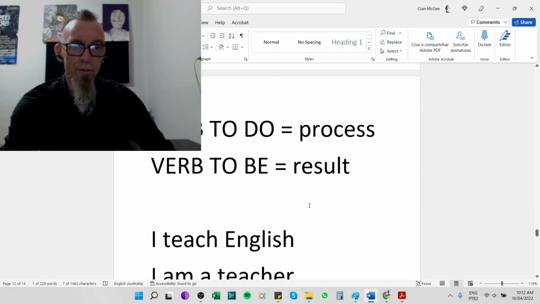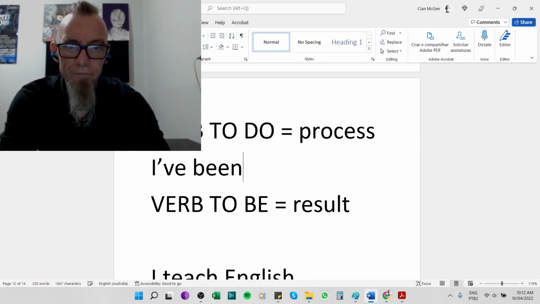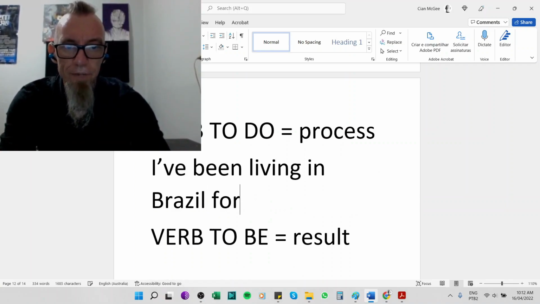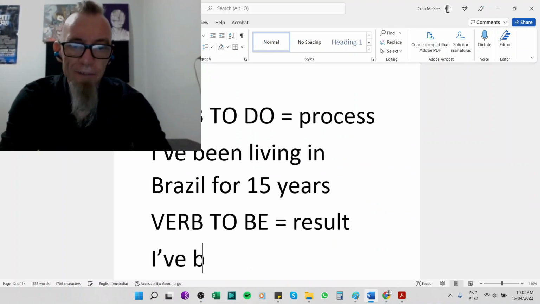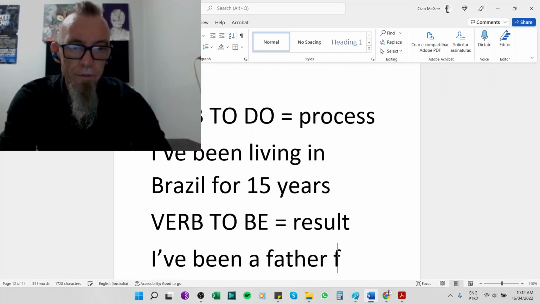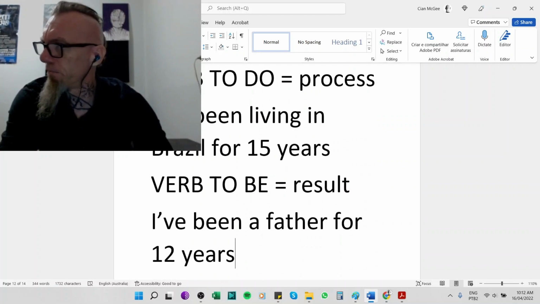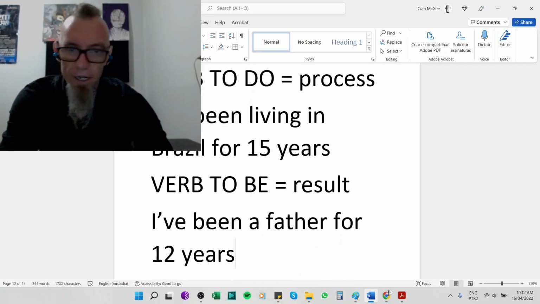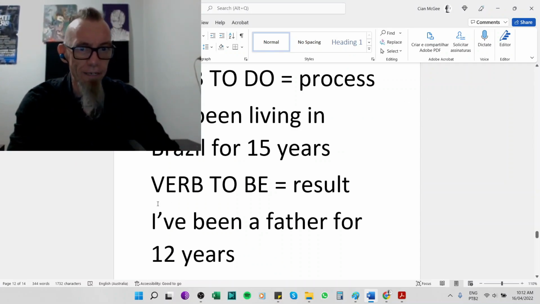So when we measure verb to do, we'll say, for example, I've been living in Brazil for 15 years. When we measure verb to be, we'll say, for example, I've been a father for 12 years. Collectively, 22 years. Emotionally, it's somewhere like 90. Existentially, it's a lifetime.